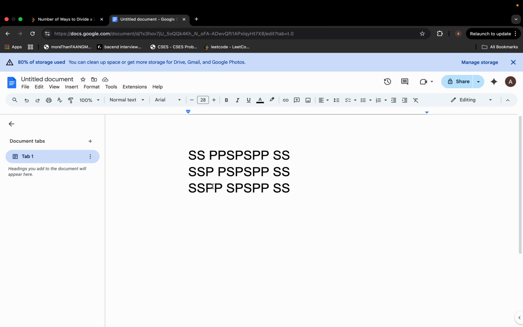Now for the first set of seeds, how many ways did you find? You said I found only three ways, because if I take the next part then one more seed will be included, right? So we should not take that. So we can say okay, three ways we found up till here.